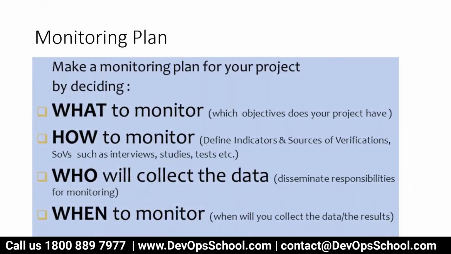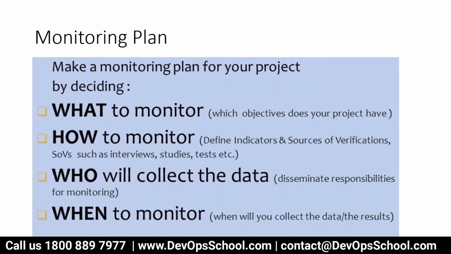When you get into the monitoring plan, you'll have some basic questions: what to monitor, how to monitor, who will collect the data, and when to monitor. What to monitor means which objectives your project has. How to monitor means defining indicators and sources of verification, SOPs, and things like interviews, studies, test cases.